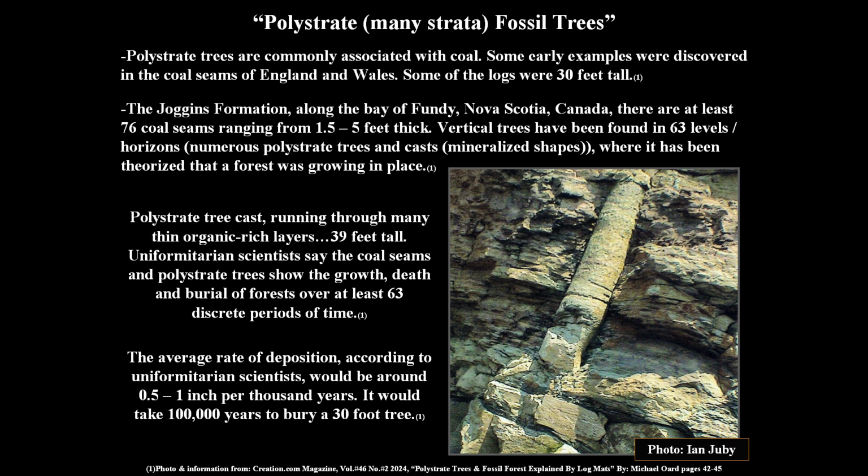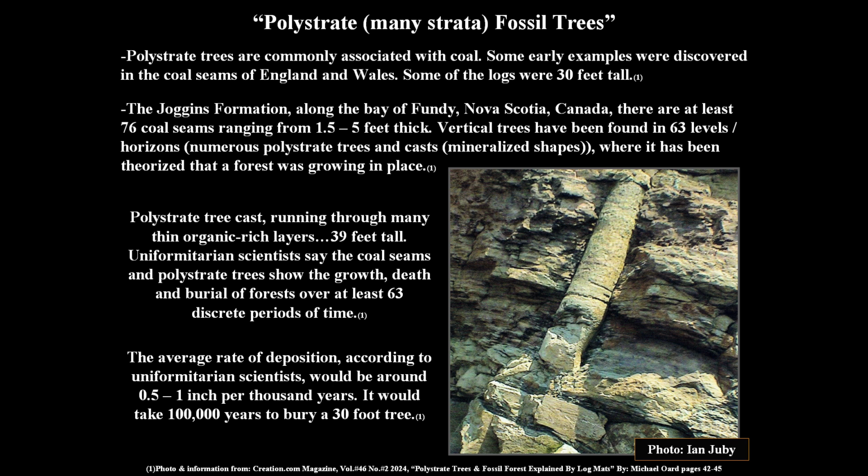Vertical trees have been found in 63 levels or horizons, which is numerous polystrate trees and casts. The casts are mineralized shapes. The tree isn't there, but it has turned into a mineral.